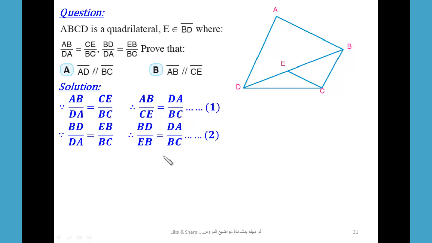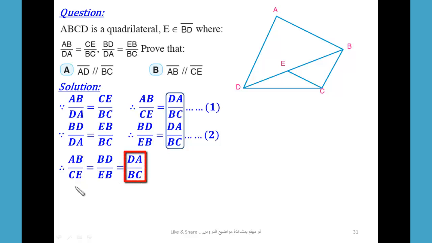From 1 and 2, we have a common term, DA over BC. So these four terms are equal, and we write AB over CE equals BD over EB equals DA over BC.